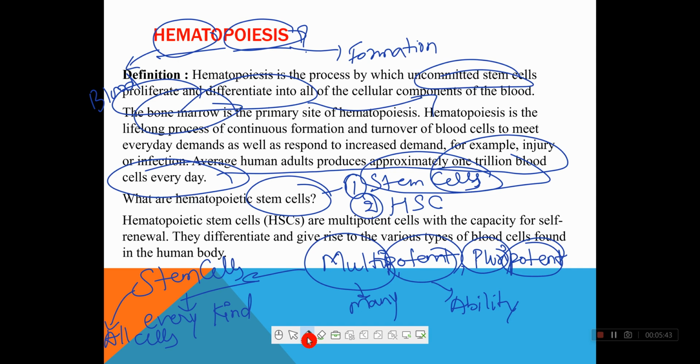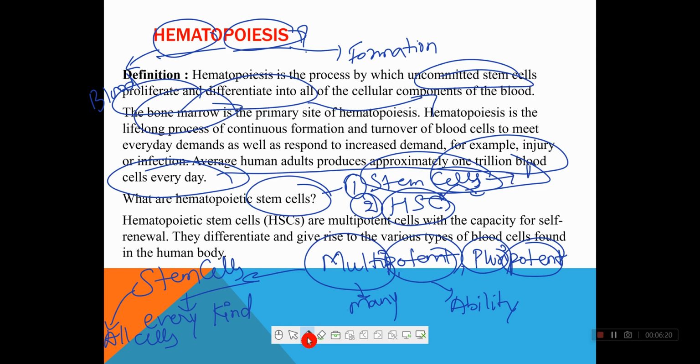Now what happens? The stem cell differentiates into multipotent cells, or you can say the sub cells, which are responsible for particularly only a single kind of cells of the body. Now what happens for the formation of different kinds of cells? Stem cells differentiate into their subtypes. Like for the process of hematopoiesis, or the formation of blood, the stem cell will differentiate into the hematopoietic stem cell.